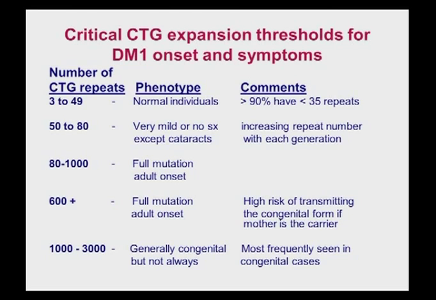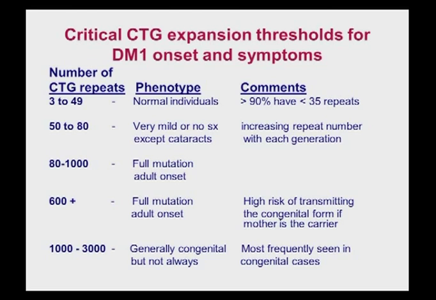If you have fewer than 50 repeats, you're essentially normal, and most people have fewer than 35 repeats. In the range of 50 to 80, you can have mild symptomatology, mostly cataracts, but there's a greater likelihood that subsequent generations will have a greater number of repeats, so your children may develop more full-blown myotonic dystrophy.